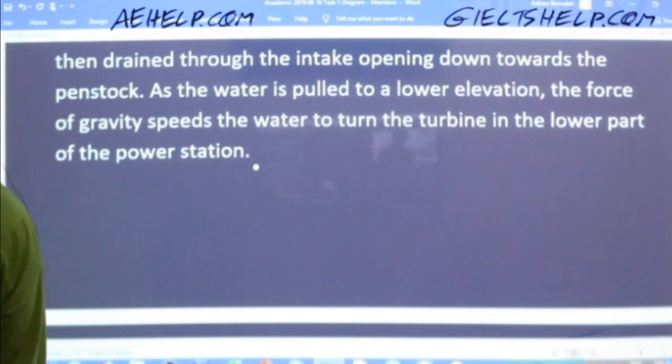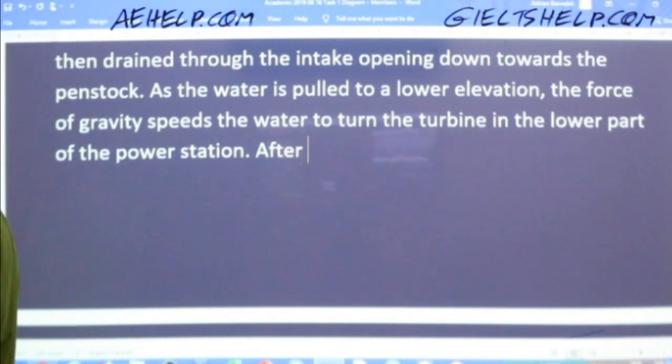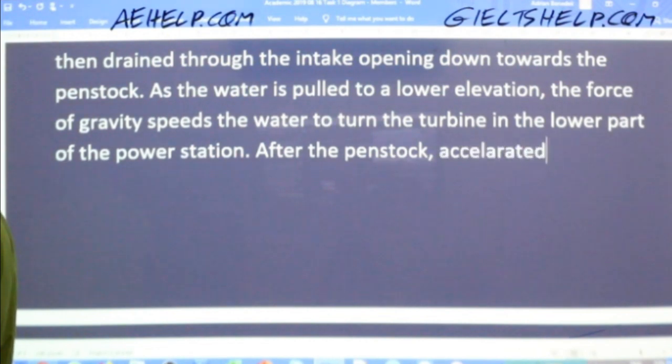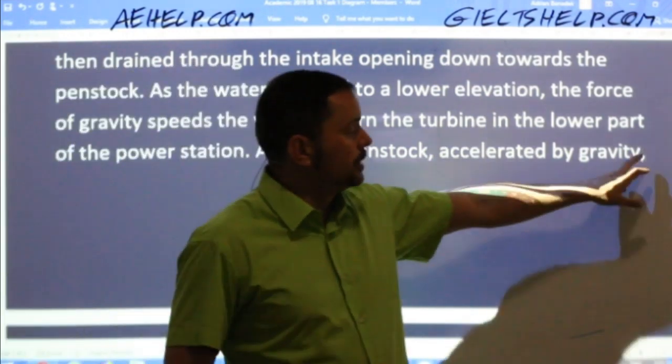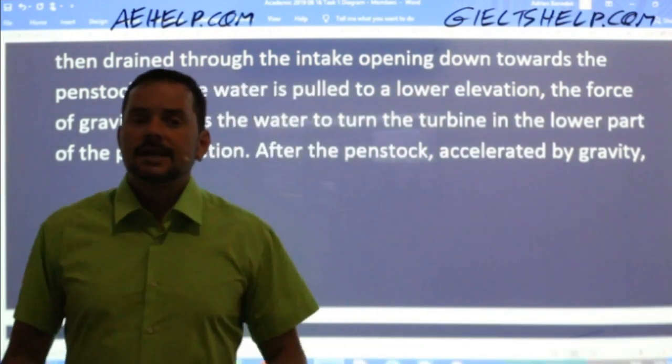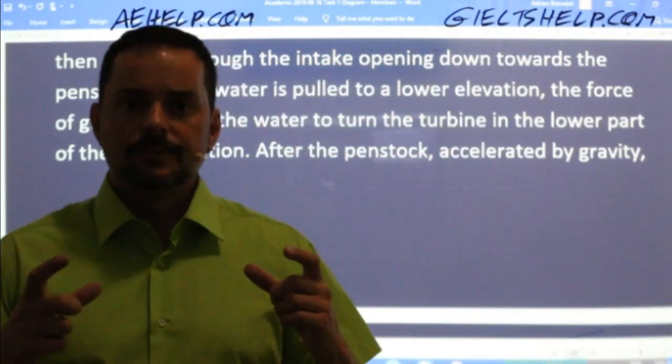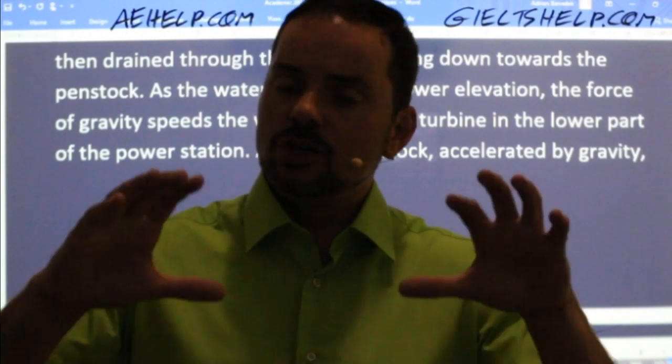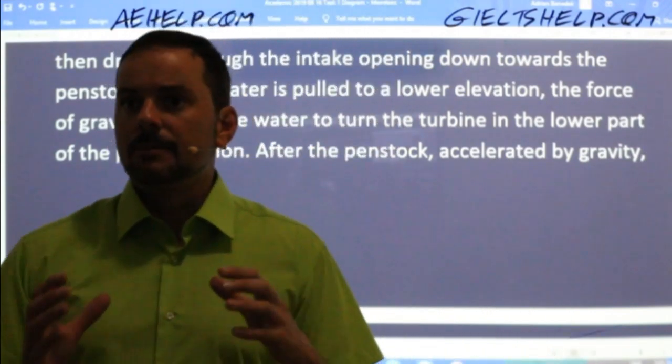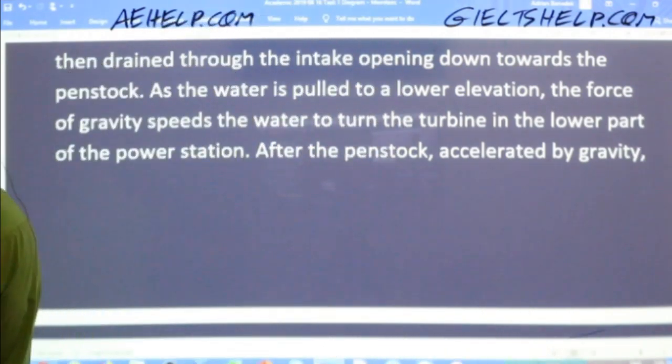So just so you have an idea there, because otherwise it's a very well put sentence. So this is Alexander's here. So after the penstock, accelerated by gravity, and this is the comma here, Alexander, that's very important, okay? Because that's an additive clause. So it's an added piece of information. You need to close it off. I'll show you how you can realize that, Alexander.